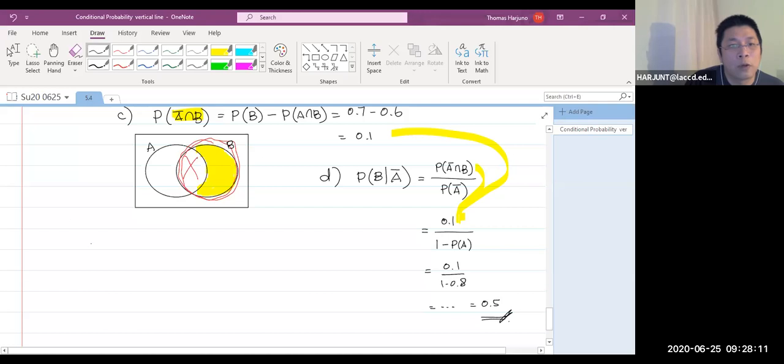Suggested homework from this 5.4 will be from number 1 to number 43. Let me ask you if you are done copying this.